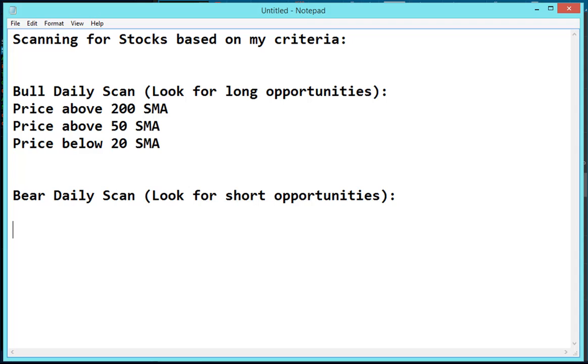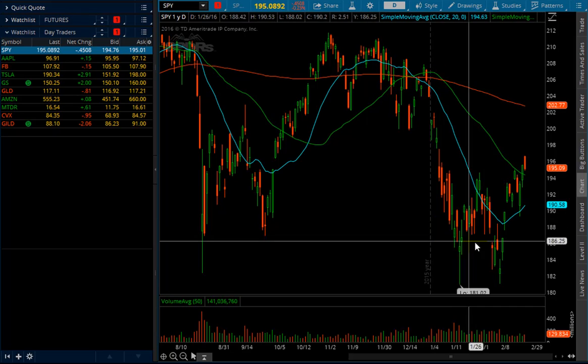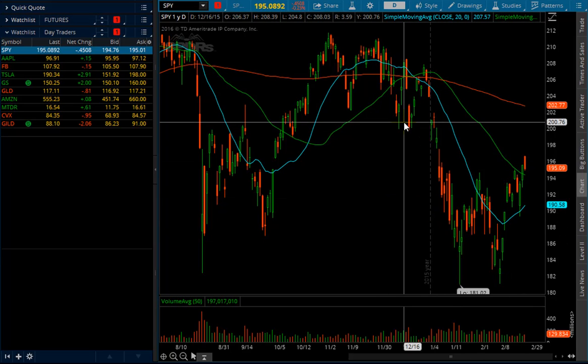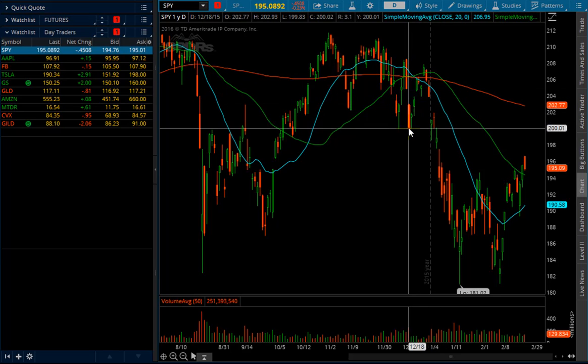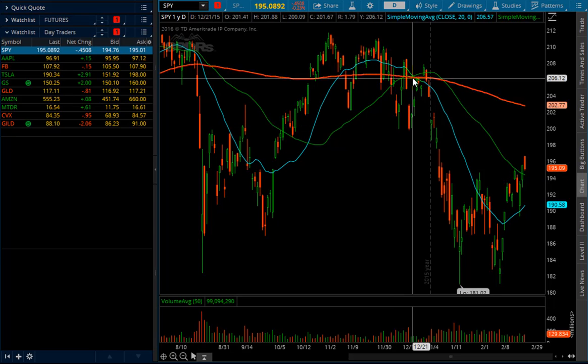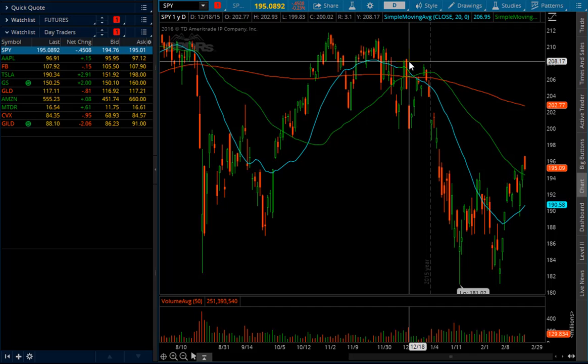The opposite is the same. Price below 200, because now you're shorting. If you're shorting, let's just say price was here, you're looking for prices below 200, below 50, and approaching 20, or even above 20, because at that point what you're looking for is a pullback in a shorting kind of environment.